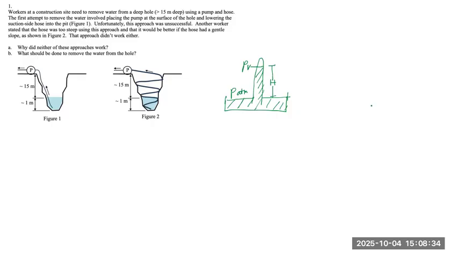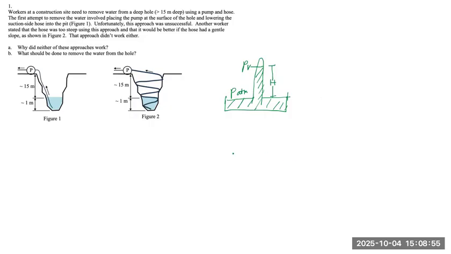Atmospheric pressure pushes down on the water, which translates to an upward force acting on the water, while the vapor pressure and the pressure of the weight of this column of water act in the opposite direction.